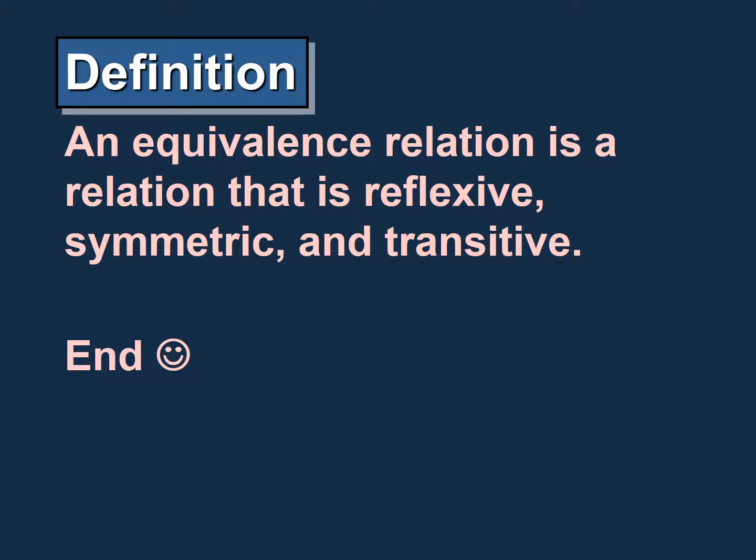If you say symmetric, that means that if triangle A is similar to triangle B, then triangle B is similar to triangle A. Transitive means that if you have triangle A is similar to triangle B, and triangle B is similar to triangle C, therefore triangle A has to be similar to triangle C, so it transfers.